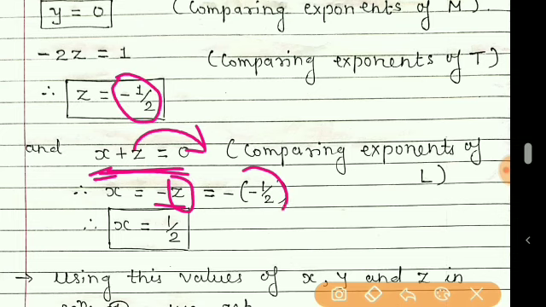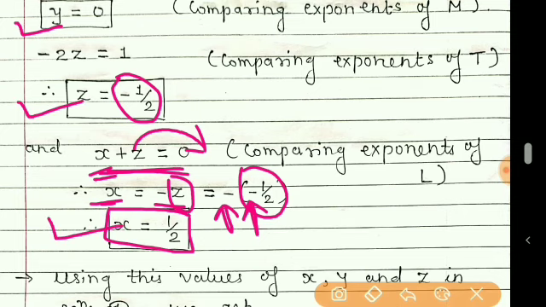So the value of z is kept, but minus into minus becomes plus. So we get finally x is equal to 1 by 2. So now we have the value of y, the value of z, and that of x.